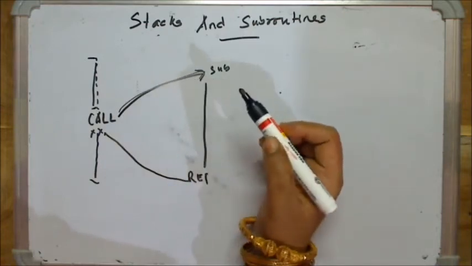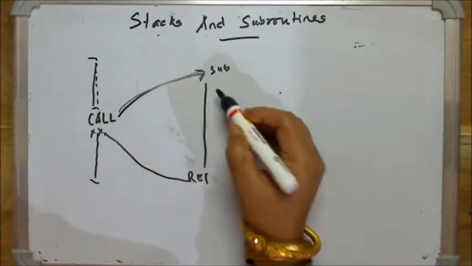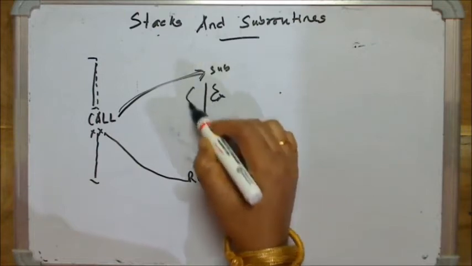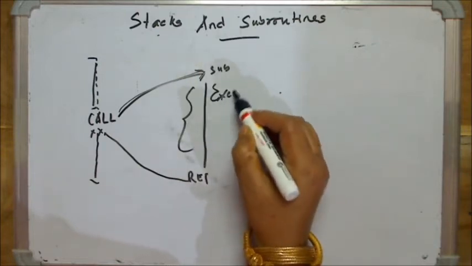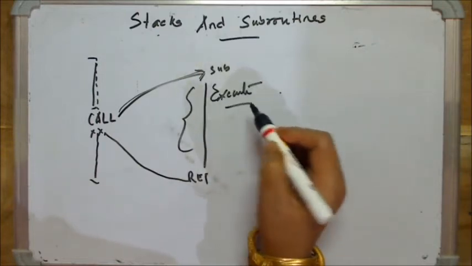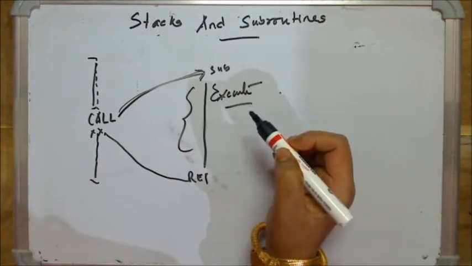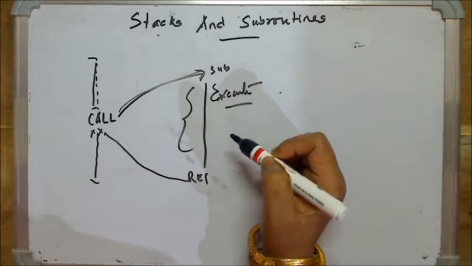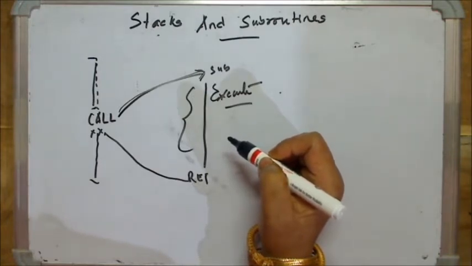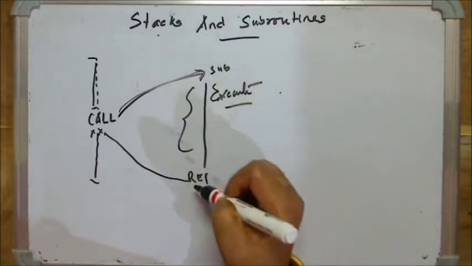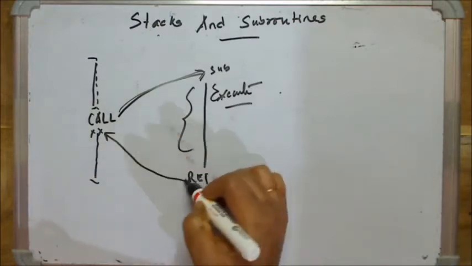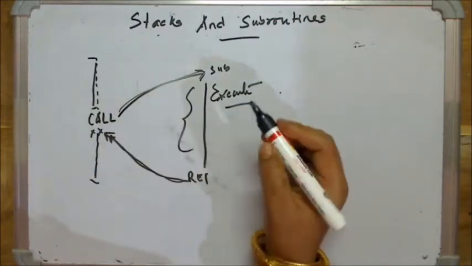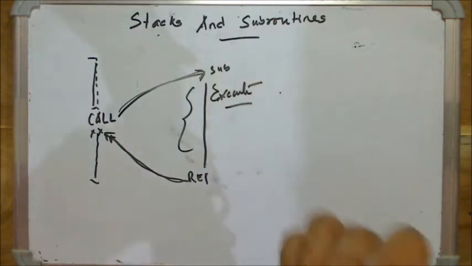Then it will execute the subroutine and come back to the next instruction of the main program using the return instruction. Understood? I think you already know it.